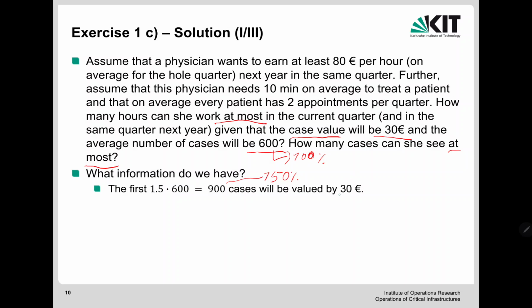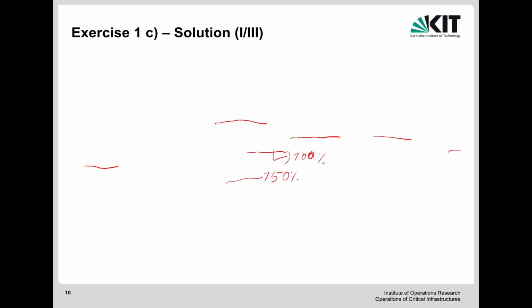So this is the case value she will get: for up to 900 patients or cases, she will be evaluated by 30 euros. She will get 30 euros for these 900 cases.